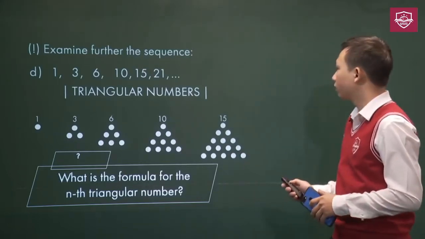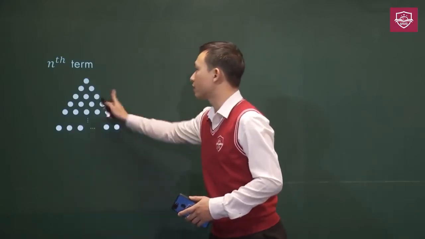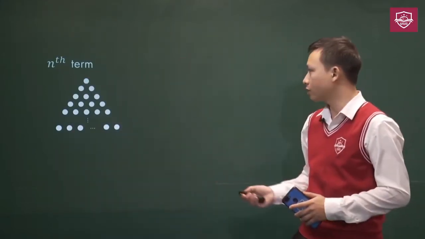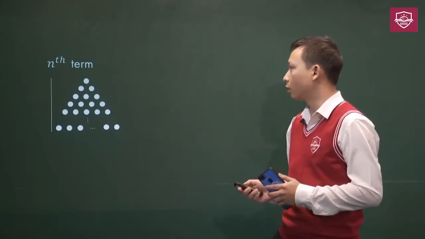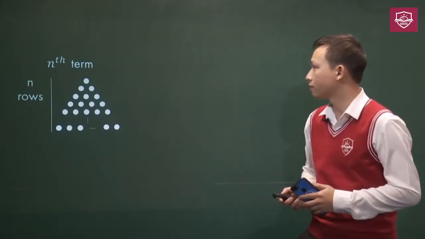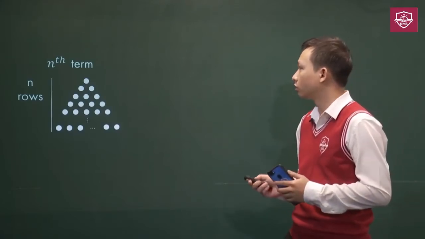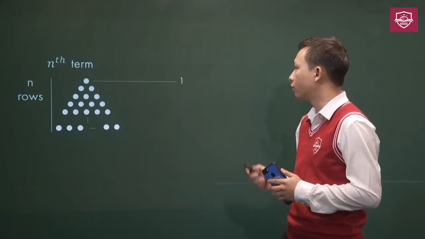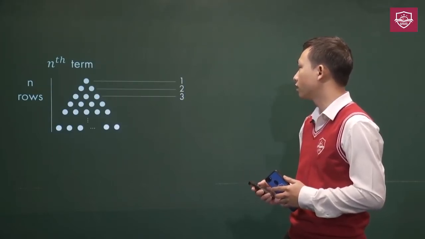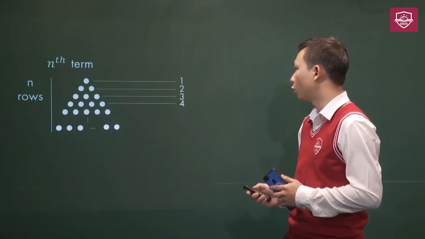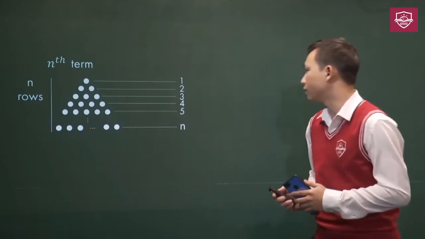Now let's check. Now I will use this figure to represent the nth term. Of course, because it is the nth term, it has n rows. Like this. And let's count the number of dots in each row. In the first row we have 1 dot. In the next we have 2 dots. And 3 dots, 4, 5, and of course in the last row we have n dots.